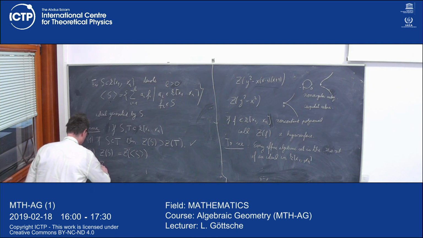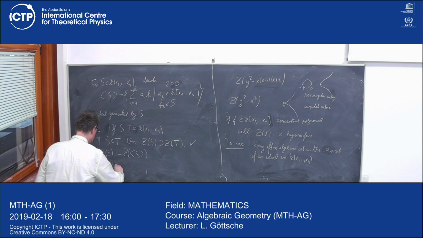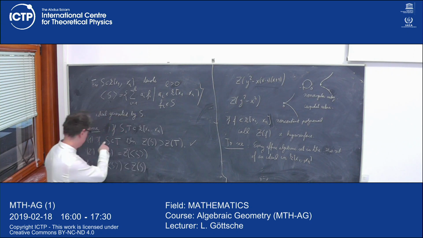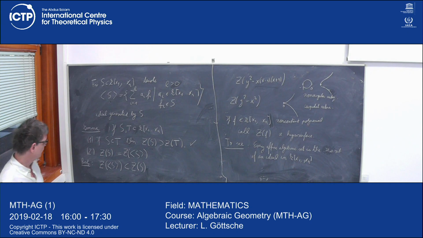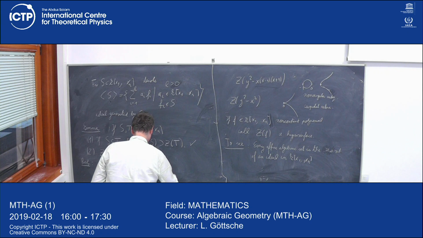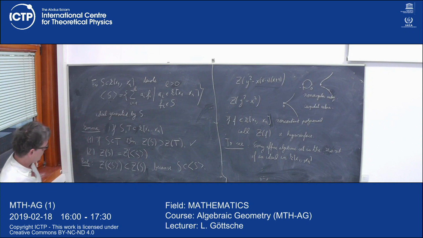Well, we know that the zero set of the ideal generated by S is contained in the zero set of S, because we just proved this, namely because S is contained in the ideal generated by S. Okay, so that's clear. Now we have to show the other inclusion.